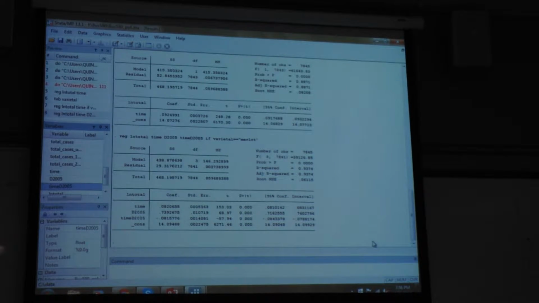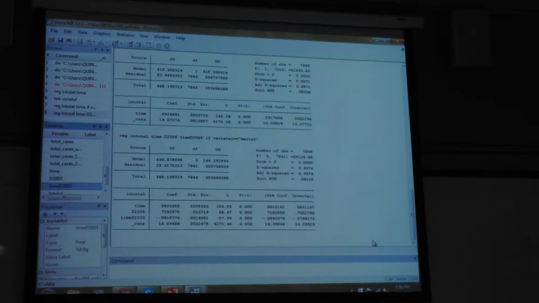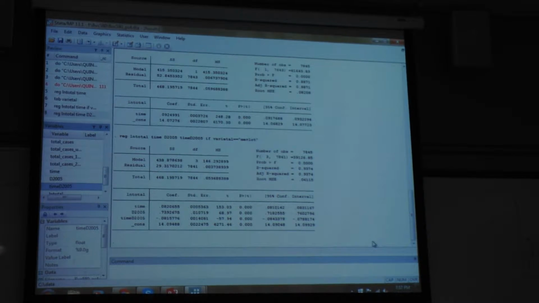Because what does beta 3 represent? The difference in slope. So you would take the first slope and then subtract that second number, and what is left of it is the slope of the new. Correct. So I'm not a math wizard, but it looks like 8 minus 8 is roughly 0.